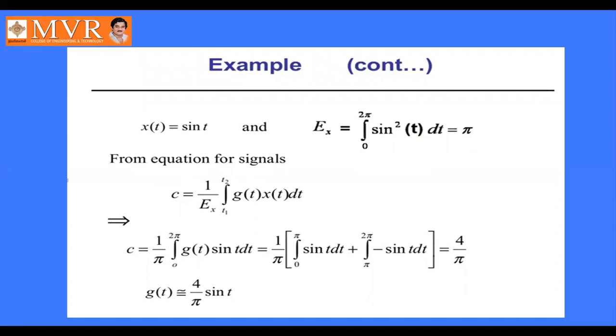From the equation, c equal to 1 by Ex into the integral t1 to t2 g(t) x(t) dt. Ex is pi, by simplifying sin square t from 0 to 2 pi we get pi. So 1 by pi into the integral 0 to 2 pi g(t) sin t dt, which is equal to 1 by pi into the integral 0 to pi sin t dt plus pi to 2 pi minus sin t dt. By simplifying this, we will get 4 by pi, so that g(t) is approximately equal to 4 by pi sin t.